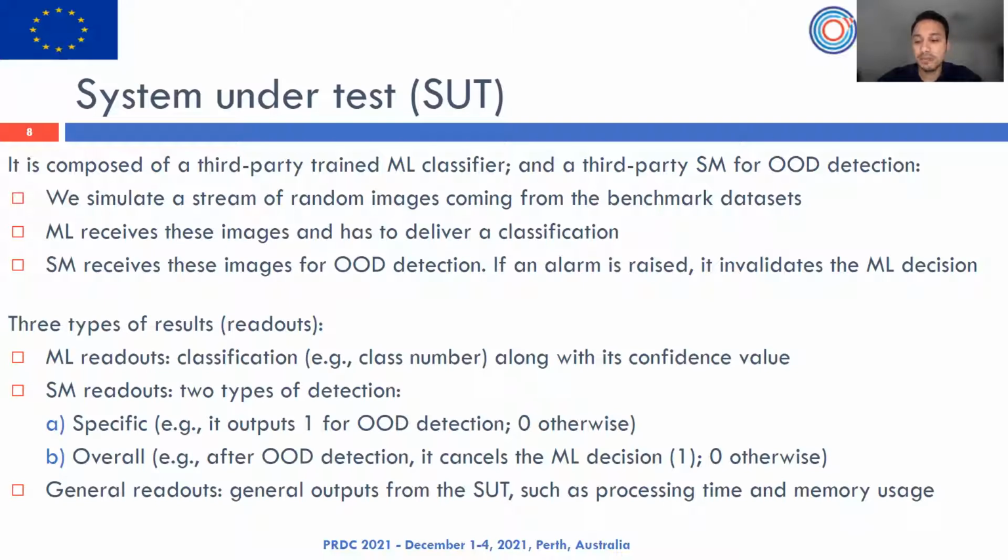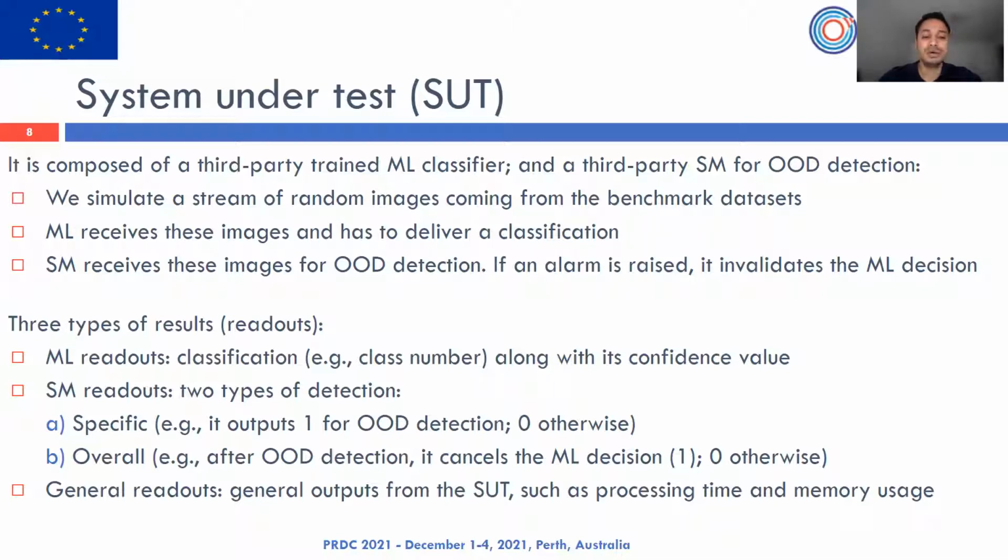It means that when the machine learning receives an image and gives a prediction, we look at the safety monitor answering whether out-of-distribution data is detected. And if the safety monitor says that it is out-of-distribution data, it cancels the machine learning decision, because the machine learning model cannot be trusted with an image that is out of the distribution it was trained on.